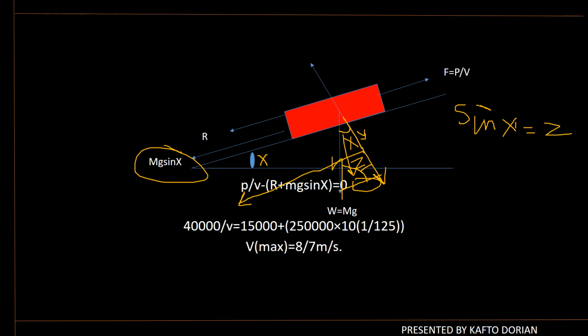Z. Hypotenuse is my weight. My weight is given by what? mg. So my z, if I cross multiply, will be equal to mg sine x.